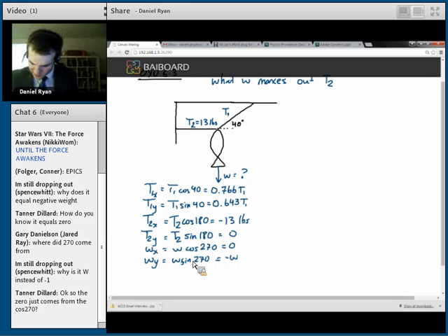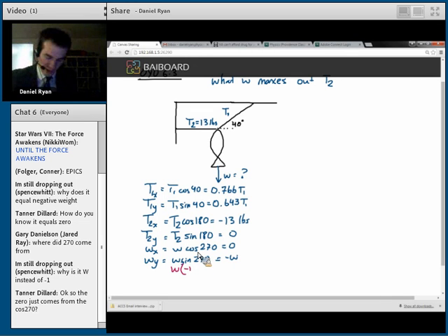Let me write that out. We have w times the sine of 270, which is -1. And it just so happens that the cosine of 270, if you enter that into your calculator, you get a big fat 0. Something similar is true for the 180. The cosine of 180 is -1. So it's T2 times -1.